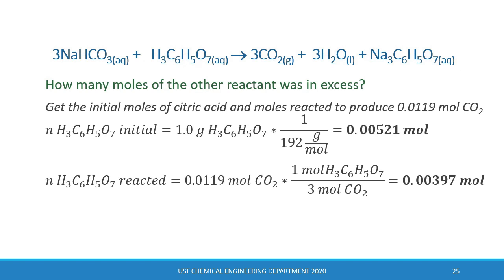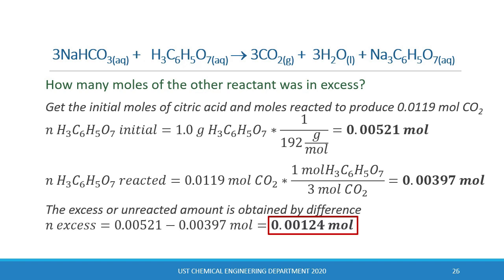Second, calculate the amount of citric acid reacted. We already know from the previous question that when sodium bicarbonate is fully consumed, it produces 0.0119 moles of CO2. Therefore, we can determine the moles of citric acid reacted by multiplying the moles of CO2 by the stoichiometric ratio, and then we get 0.00397 moles of citric acid reacted.